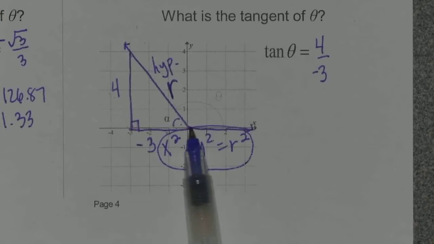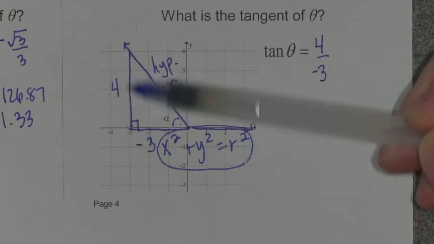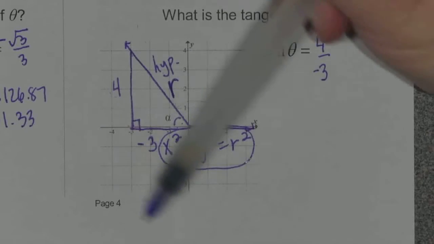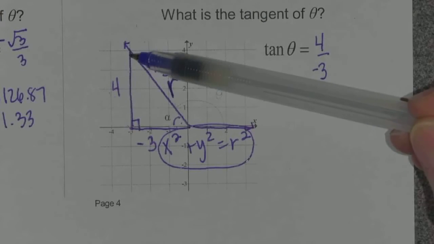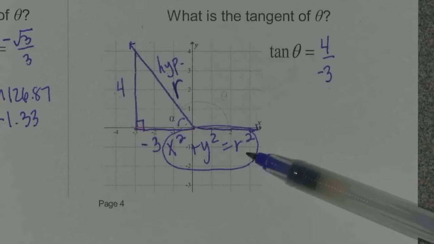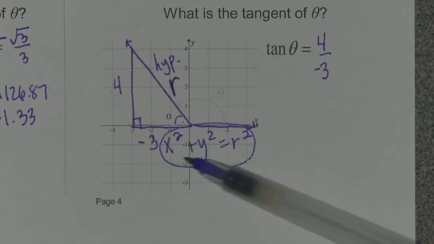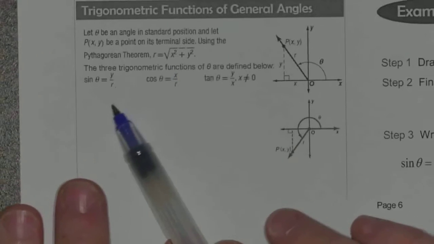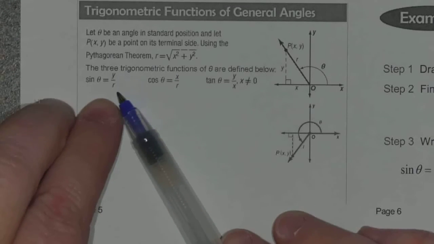But we would do our x value squared plus our y value squared, and that would equal the radius of our circle that would go through this point up here for our r squared. It's really just our hypotenuse. So we're not changing anything. We're just kind of looking at it with some different variables. So down here, it tells you that the sine is y over r.